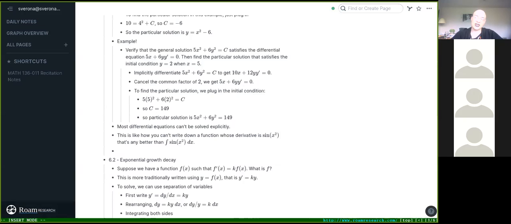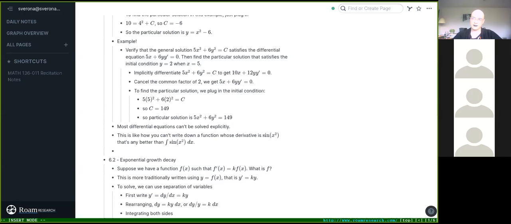I mean you can't do it. In fact, it's been proven that you can't write down the integral of sine x squared in what are called elementary functions, so the things you learn how to take derivatives of in Calc 1. It just can't be done. It doesn't exist.